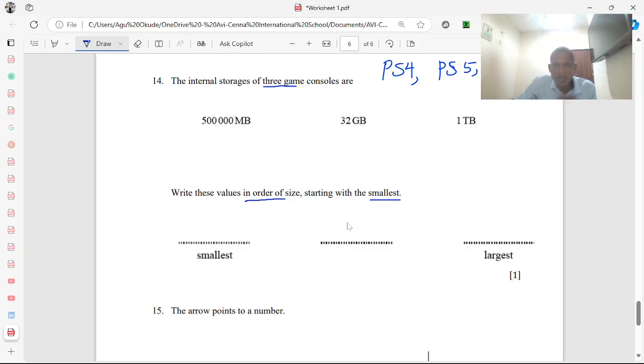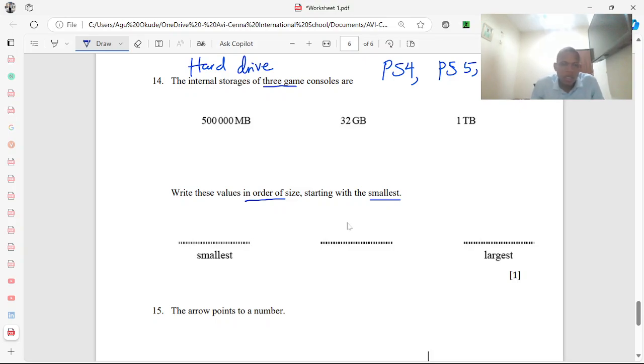So basically, I have 3 game consoles, and these are the internal storage of their hard drive storages. Now I have 500,000 MB, megabytes. I have 32 gigabytes. I have 1 terabyte.